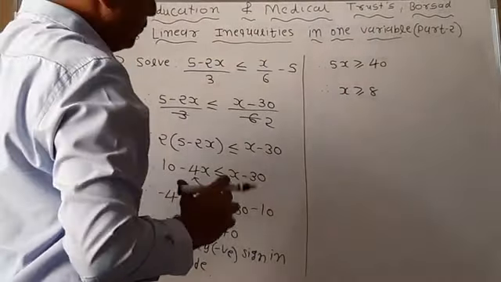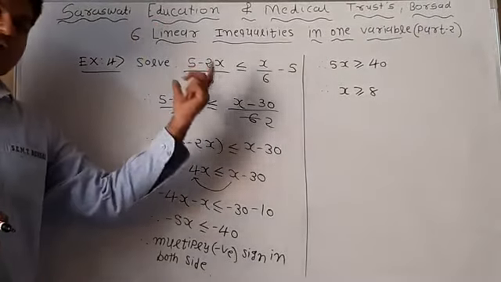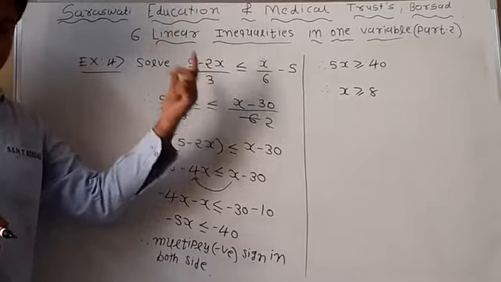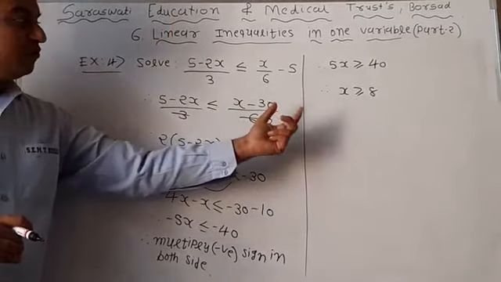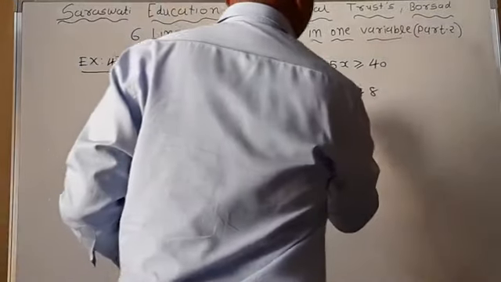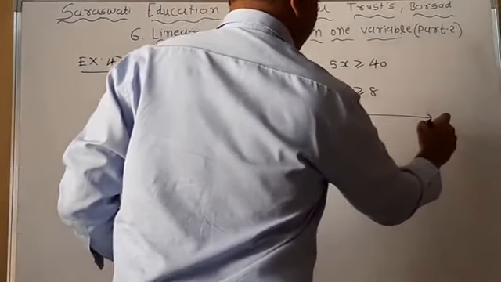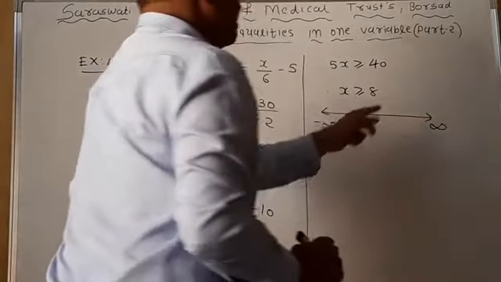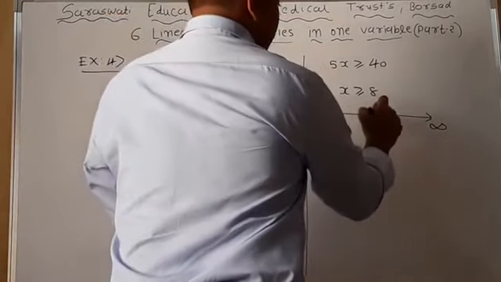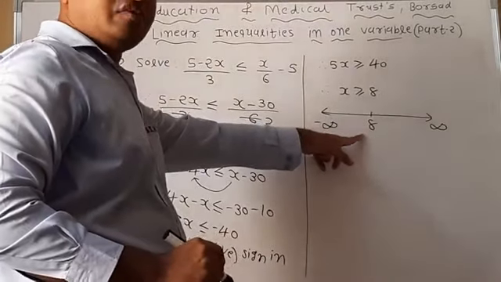Now in our final answer no condition is present, that means our answer is written in real form, so that means interval form. How can it be represented? First of all, understand using the number line. Minus infinity and infinity are present. Now consider the position of 8 here.